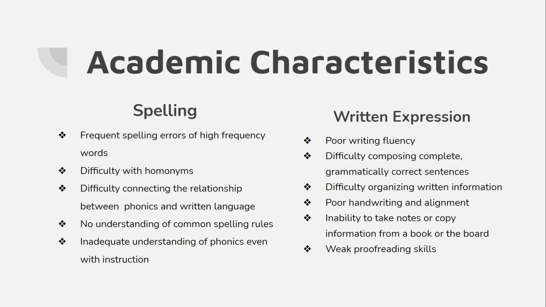In the area of written expression, they may display poor writing fluency, difficulty composing complete grammatically correct sentences, difficulty organizing written information, poor handwriting and alignment. They may show an inability to take notes or copy information from a book or the board, and then they may have weak proofreading skills.